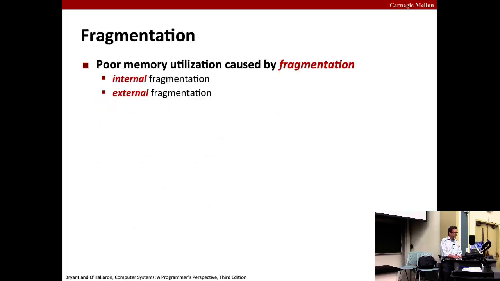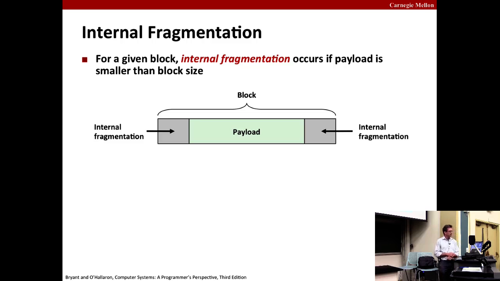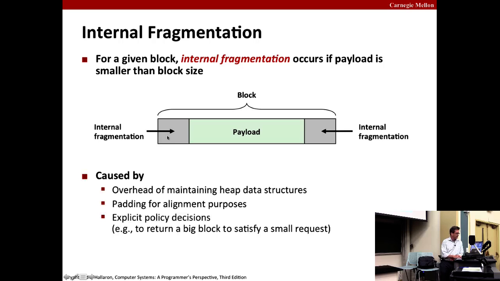So poor memory utilization, like the example we just talked about, is an example of what we call fragmentation. And there are 2 types of fragmentation. Internal fragmentation occurs if the payload is smaller than the block size. That was just what we were talking about. And this can be caused by either padding in the block or some kind of data structure in the block that the allocator needs.